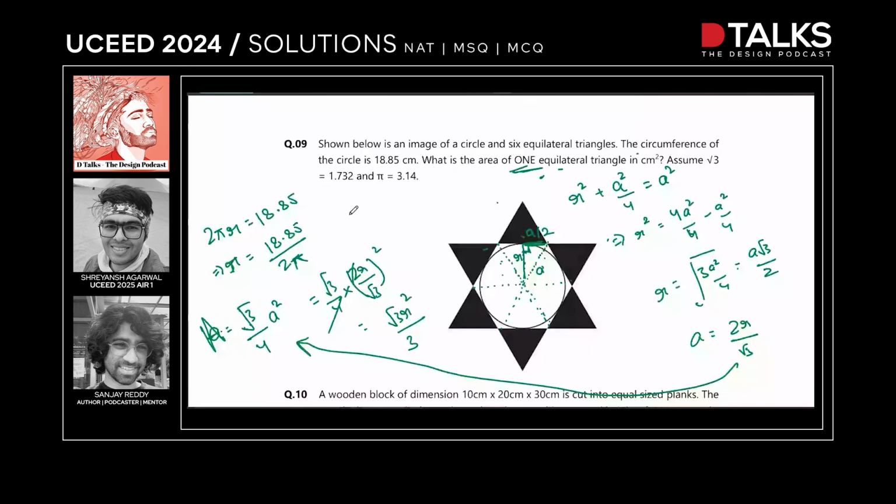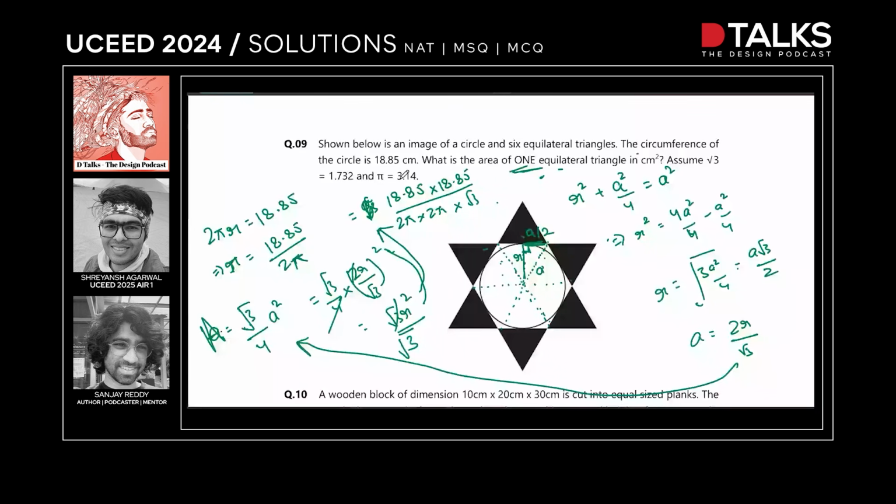So r square is 18.85 into 18.85 divided by 2 pi into 2 pi, into root 3.